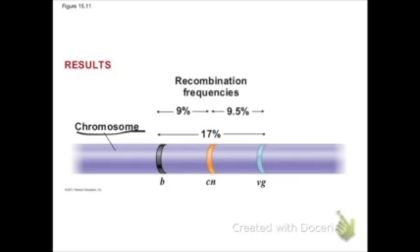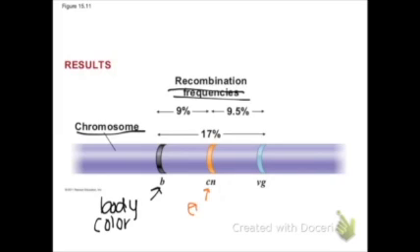Sturtevant observed the recombination frequencies between 3 Drosophila genes, which are little b for body color, CN for cinnabar or eye color, and VG for wing size.